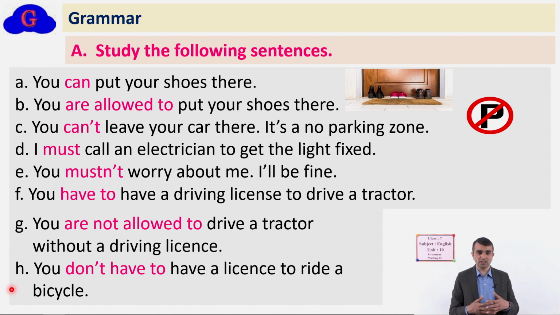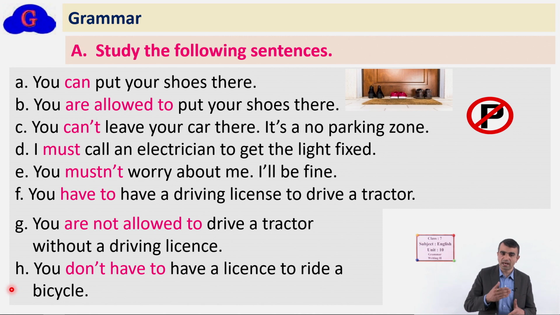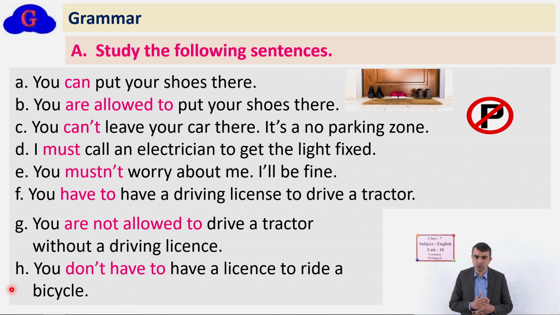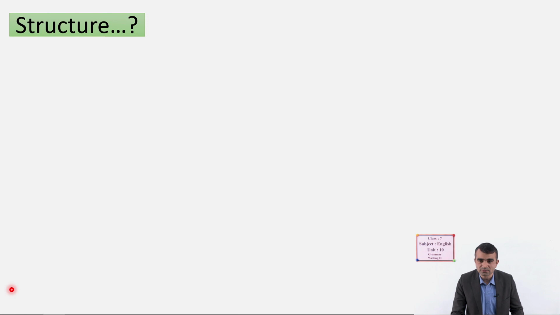What structures are used here? You can see here can, are allowed to, can't, must, mustn't, have to, are not allowed to, don't have to, and then after that. Can you find what structure is used here?